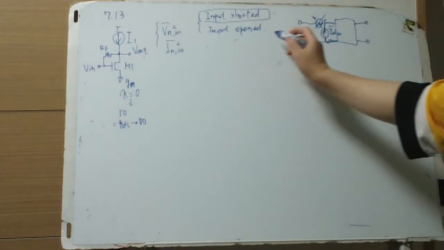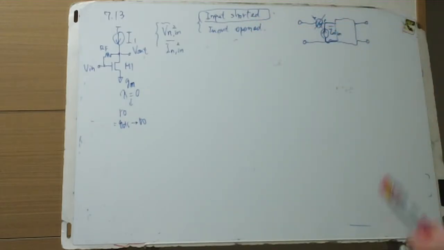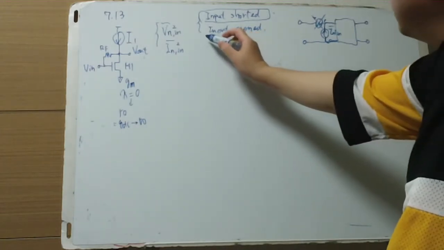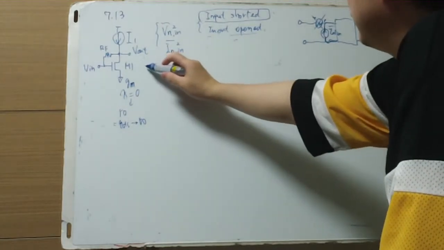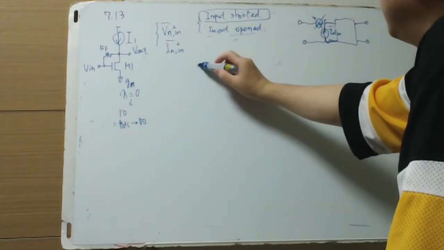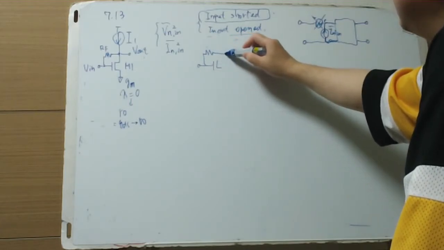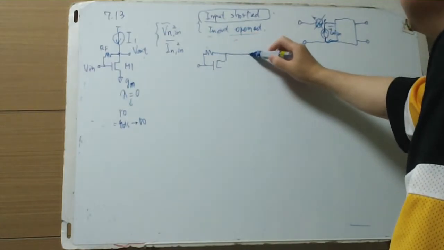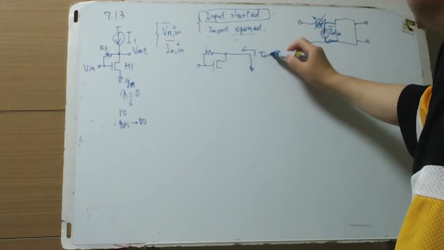In input open cases, we need short and open models to get both data. But first, the input opened model is described as this, open, RF, and output also shorted, and this is I out.